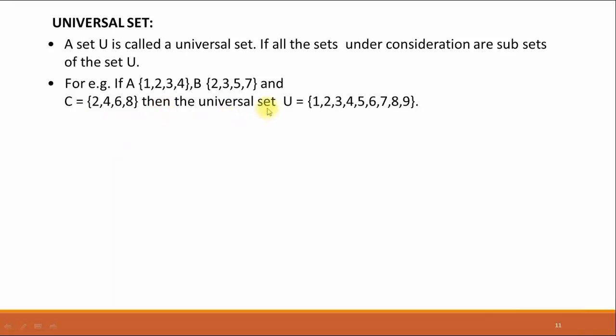Then the universal set U = {1, 2, 3, 4, 5, 6, 7, 8, 9}. All the sets under consideration are subsets of this set: A is a subset of U, B is a subset of U, and C is also a subset of U. So in this case, U is a superset, and this set U is called a universal set.